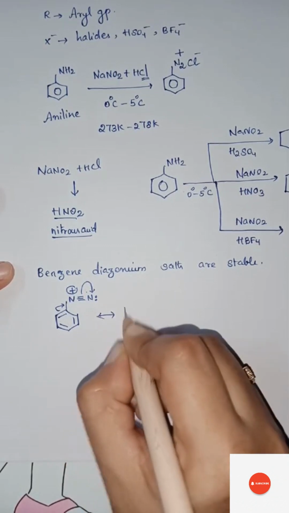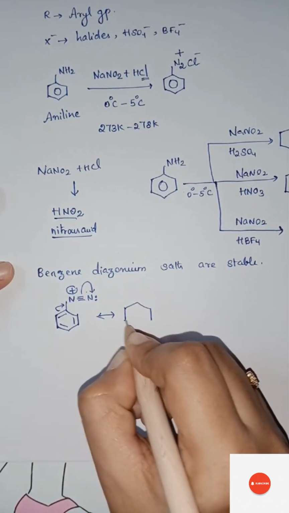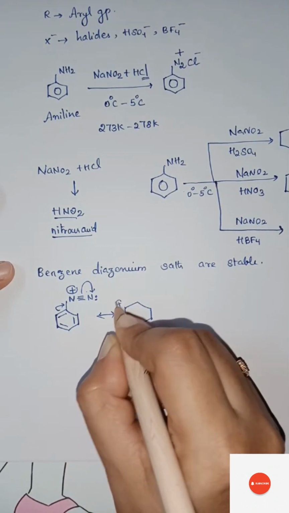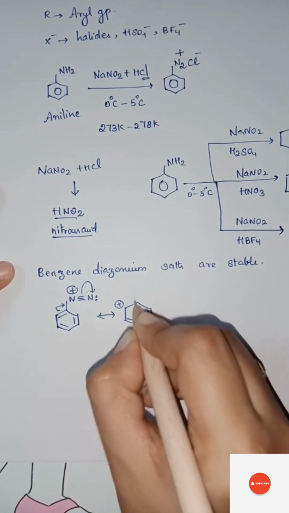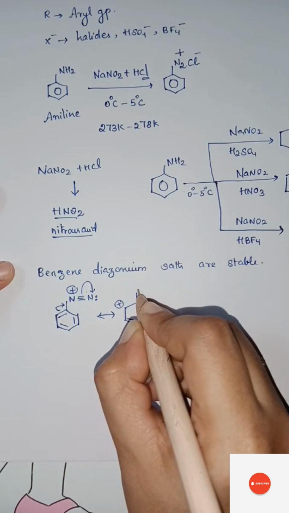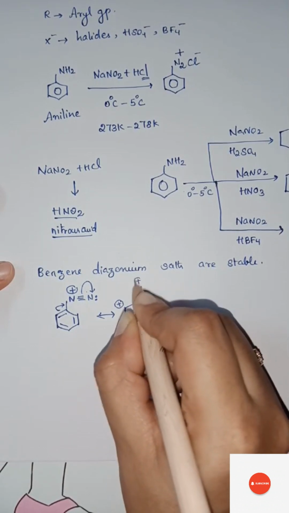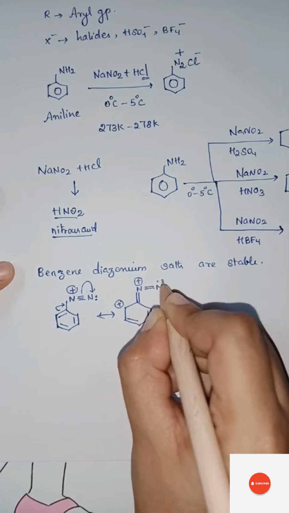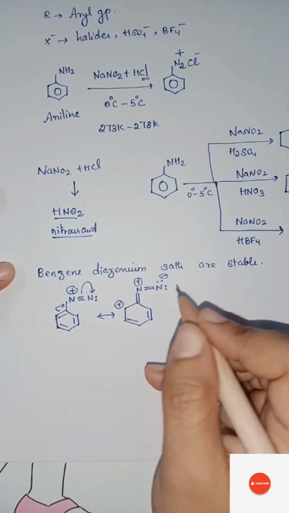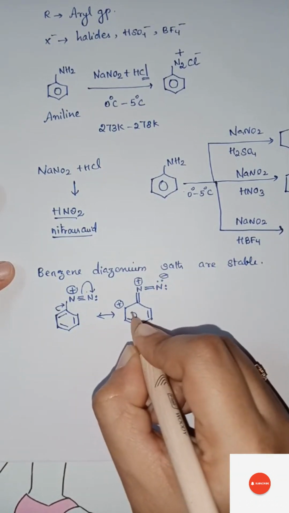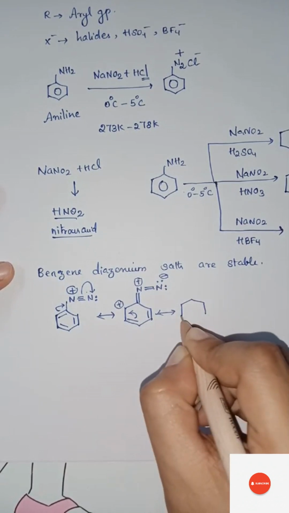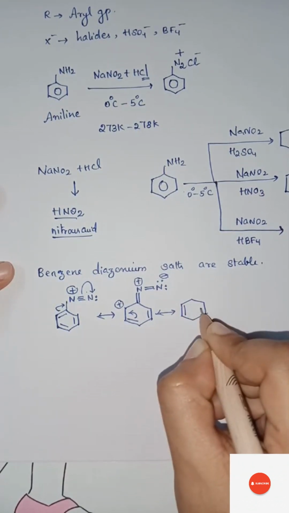In the next case, the positive charge will be there because the electron shifted between carbon and nitrogen. Now it is also positively charged, but here it will become a double bond with two lone pairs and a negative charge. Like that it will delocalize. Due to this delocalization, the compound gets stability.